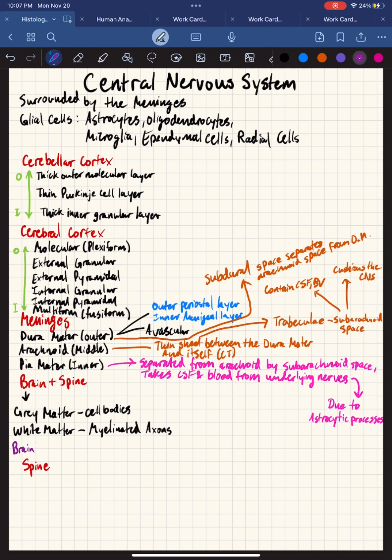So in the brain, the gray matter is going to be held on the outside, whereas the white matter is going to be held on the inside.